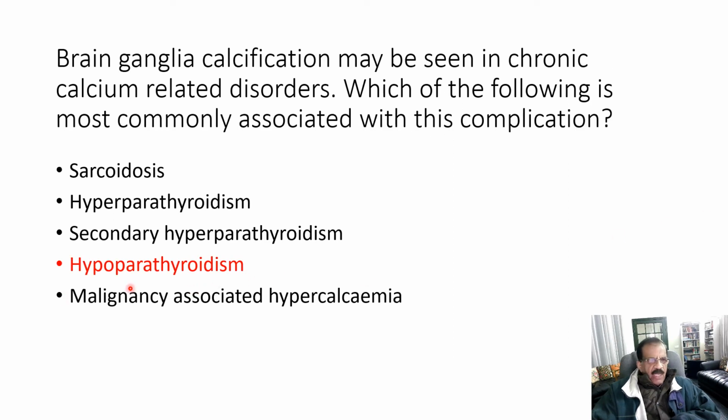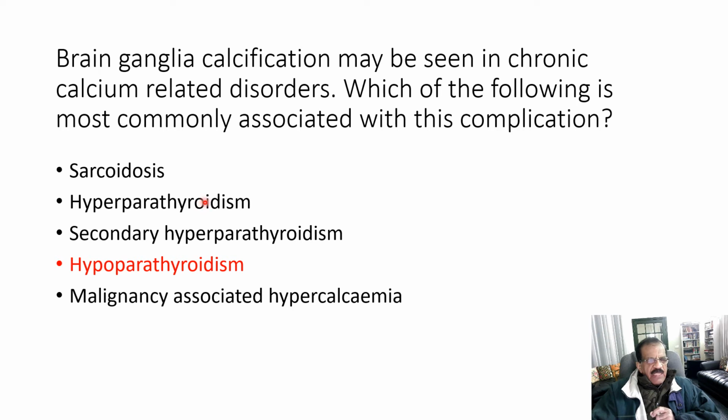Hypoparathyroidism. Now this is a little tricky because mostly one would think that in hyperparathyroidism there is hypercalcemia, and in a hypercalcemic state perhaps there will be a possibility of calcium deposition in the tissue. That can happen in hyperparathyroidism also, but it happens more commonly in hypoparathyroidism because what matters is actually the calcium phosphate product.